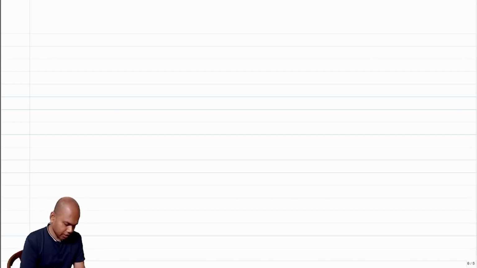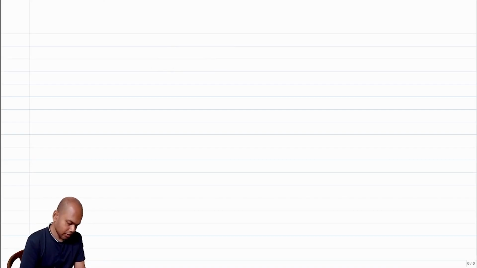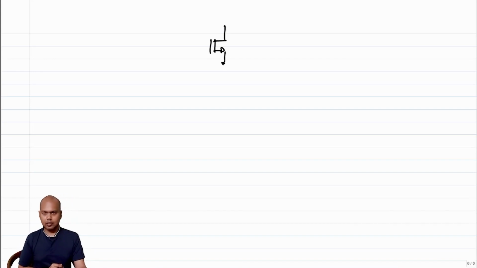So let's assume that I want to characterize a capacitor. Let me take a real example. Let's say I have a common source amplifier. I'm not showing the biasing, and let's assume we are only interested in the incremental models.